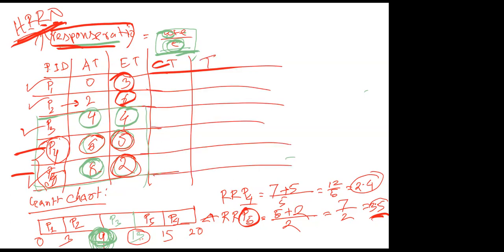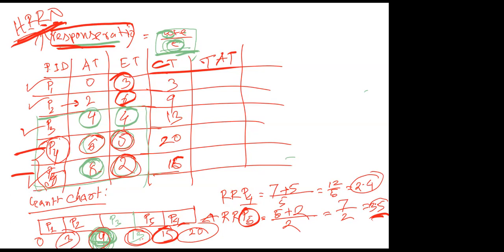CT is when a process completes execution. P4 completes at time unit 20, P5 completes at 15, P3 at 13, P2 at 9, and P1 at time 3.